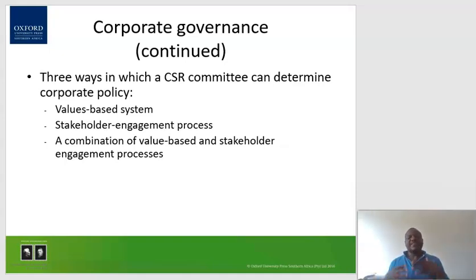So instead of just coming up with your own values and imposing them on the community, saying that if we do A, B, C, we have improved the community, with the stakeholder engagement process you actually go to the community, you listen to what is important to them, then you implement that for their benefit. Remember, they say whatever is done without us is not for us. Whatever is done without involving us may actually be against us.